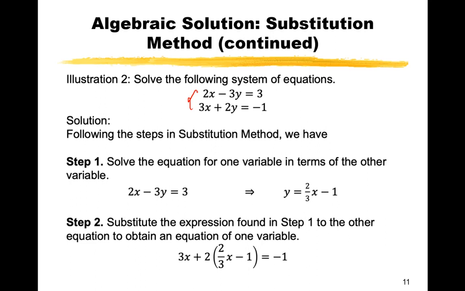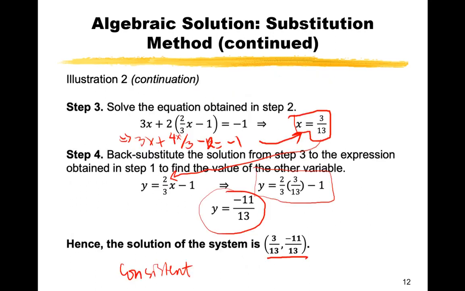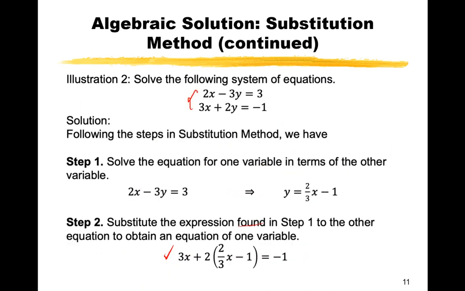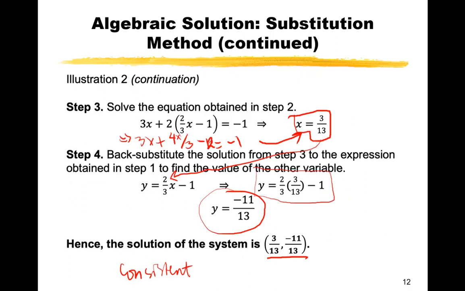Then you solve for whatever variable na maiiwan sa inyo after substituting the expression found in step 1. Then, kung ano man yung value na nakuha nyo, i-substitute nyo yun ulit dun sa equation na nakuha ninyo sa step 1. After doing so, you'll find na yung ordered pair, if there is any na ordered pair.